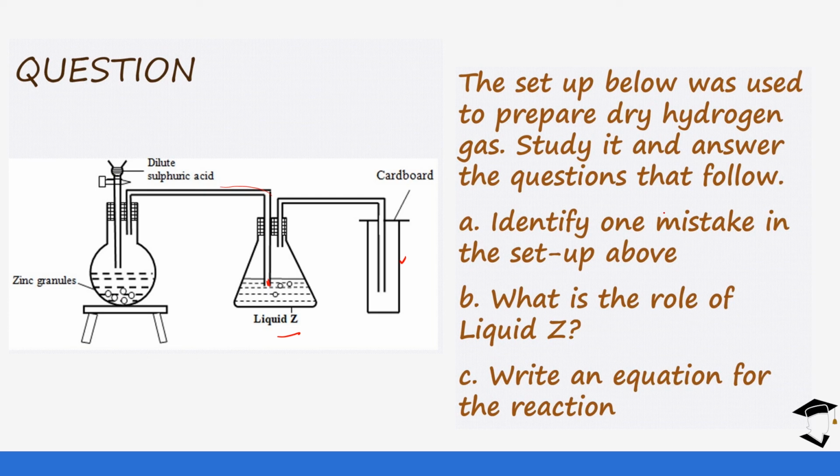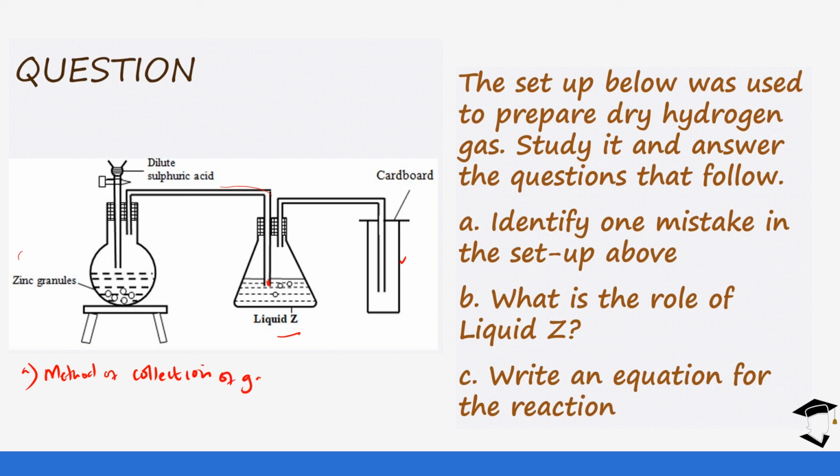So the first mistake we note in this setup is the method of collection of the gas. So you write the method of collection, and then you will further go on to mention what's the problem with the method.